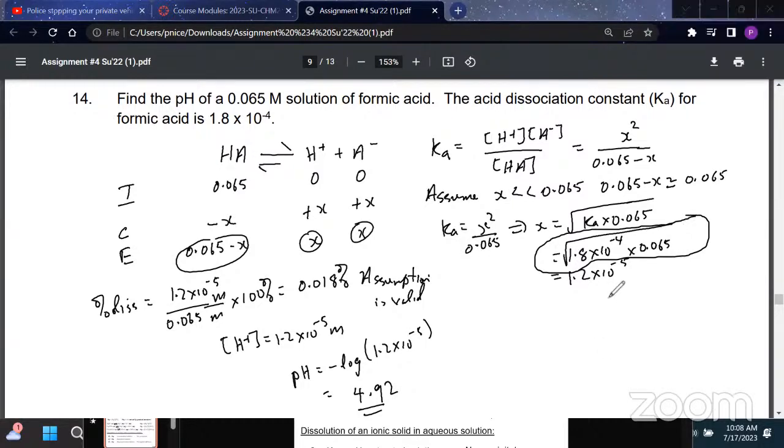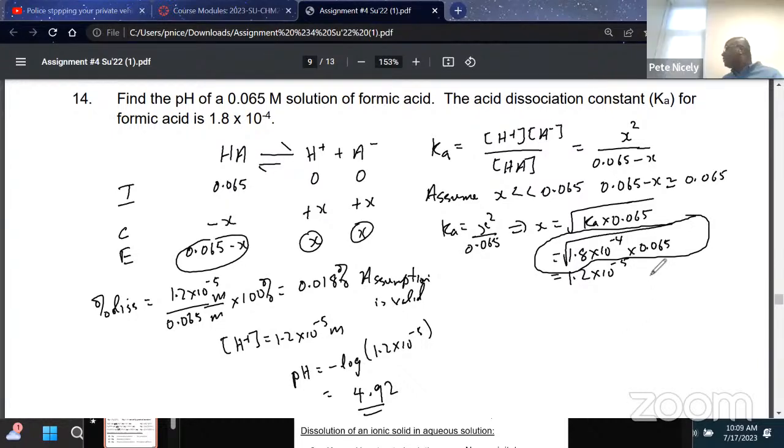So Professor Nicely, I think this is a repeat problem of number 8. Oh, it is? Let me check. Number 8. You're absolutely right, and we did do that one.